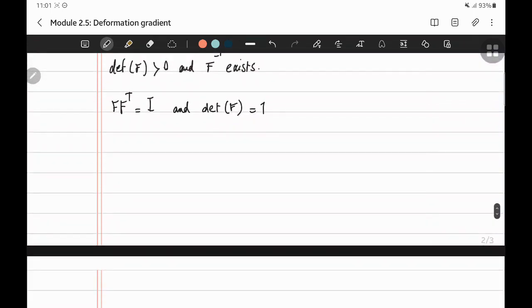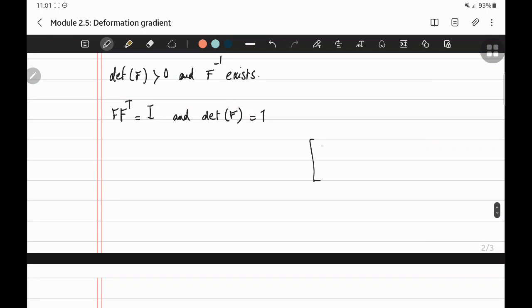The book actually brought an example like 1, 0, 0, minus 1, 1. So you see that the determinant is 1, and also F transpose F is I. This is a local rigid body motion.